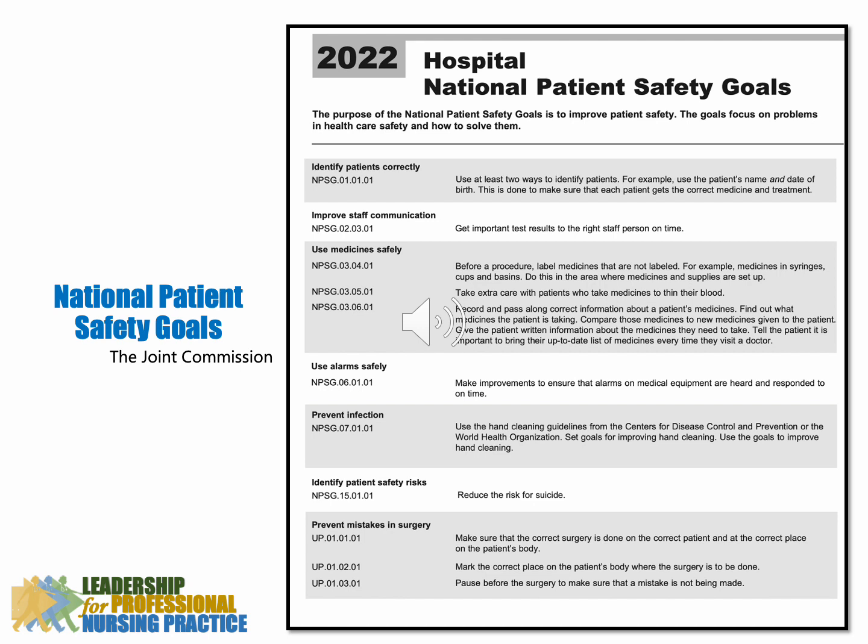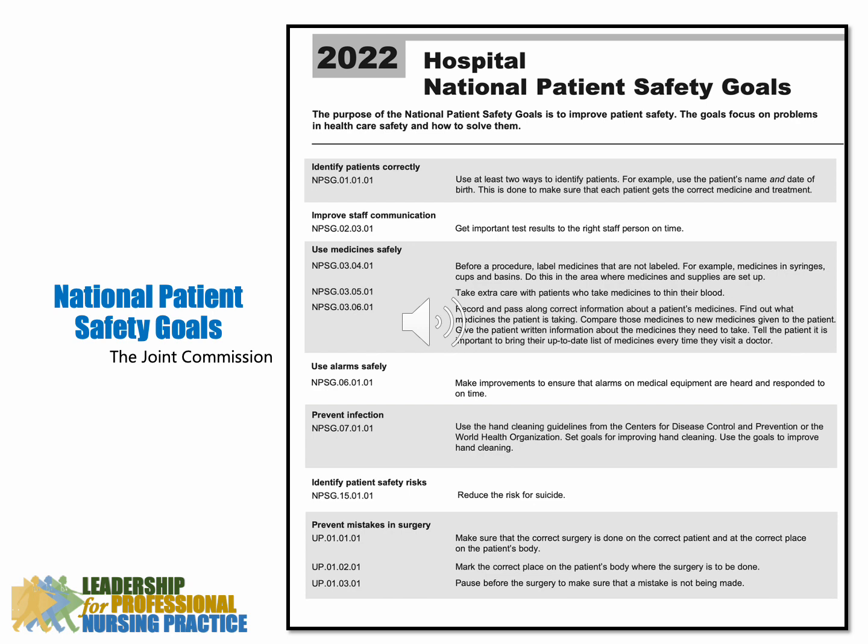It also focuses on inpatient suicide, patient identification, prevention of mistakes in surgery, and improving staff communication. Now, these focus areas are very important because most of the patient errors occur within them.